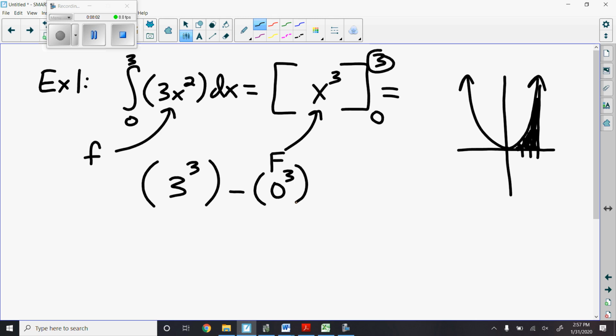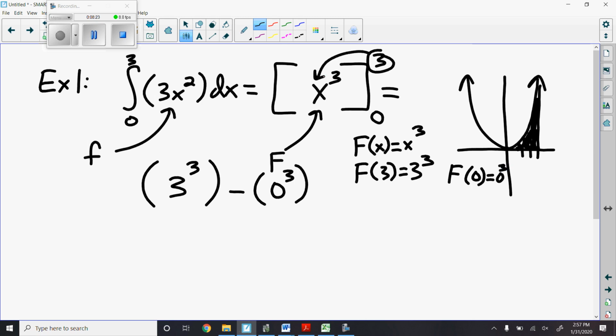This is because if capital F of x is x cubed, then capital F of 3 would be 3 cubed. Capital F of 0 would be 0 cubed. So basically, I'm plugging in this number, and I'm going to subtract this number plugged in.